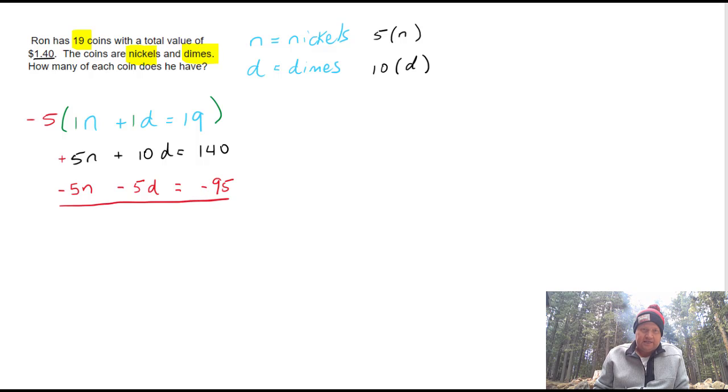So if I take a look here, the N's are going to go away. That's a 0. That's plus 5D equals, and 95 taken away from 140 is 45. So when I divide this by 5, I get the number of dimes already. D is 9. So he has 9 dimes.